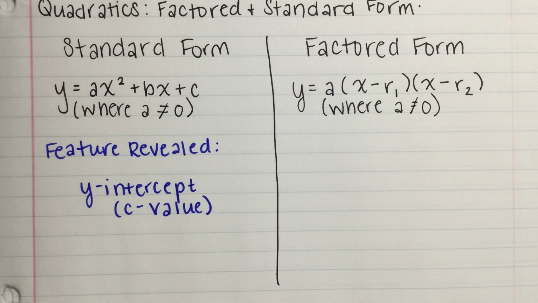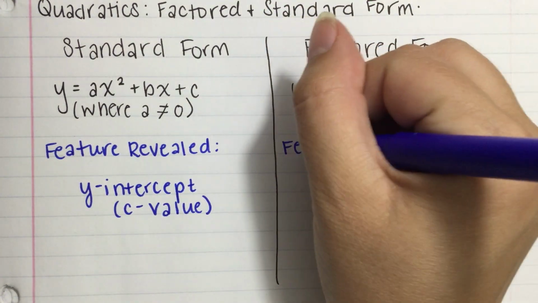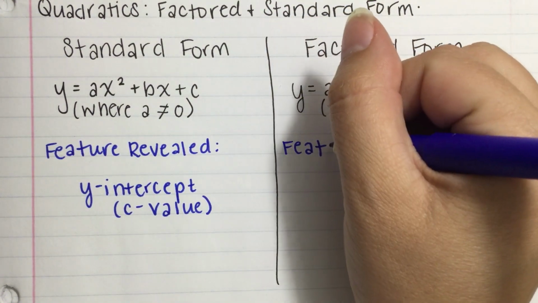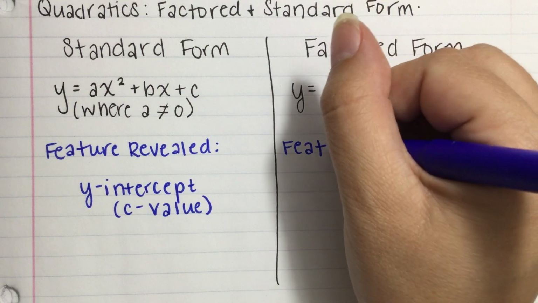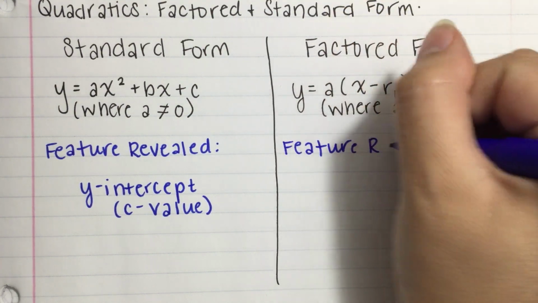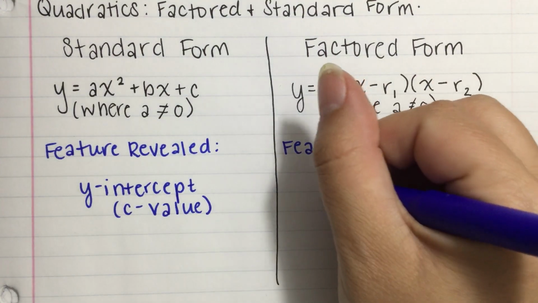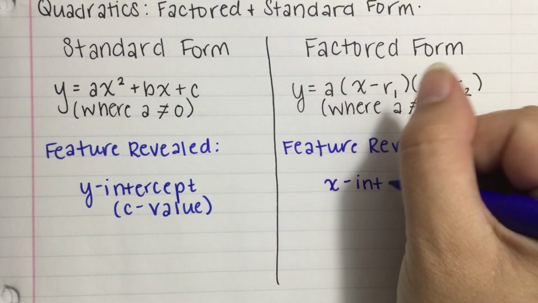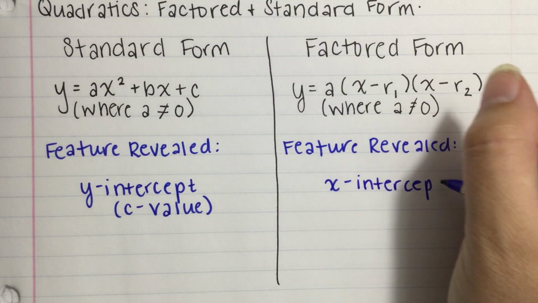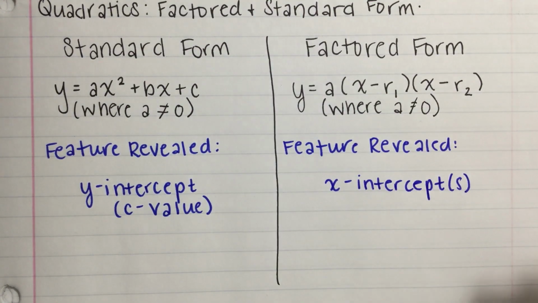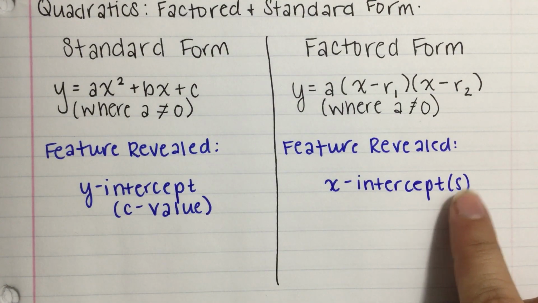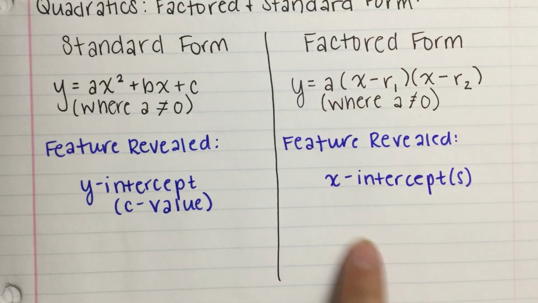So the feature revealed in this one is another type of intercept, but one we don't usually talk about when we're using linear or exponential functions. So the feature revealed are our x-intercepts. I did put in here an s in parentheses because there's three different types of x-intercepts that we can be looking at in terms of a quadratic function.